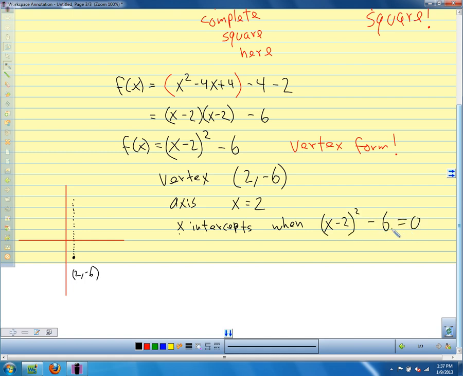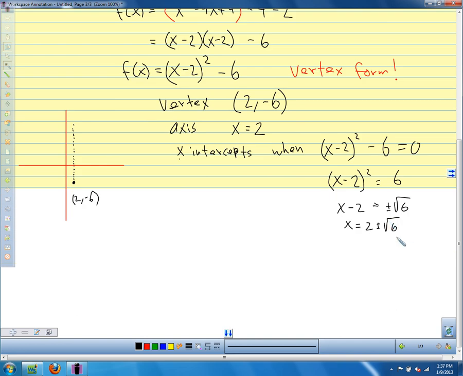So I'm just setting my function equal to 0. x minus 2 squared equals 6. Take the square root of both sides. So x minus 2 is plus or minus square root 6. So x equals 2 plus or minus square root 6 is where my intercepts are going to be.